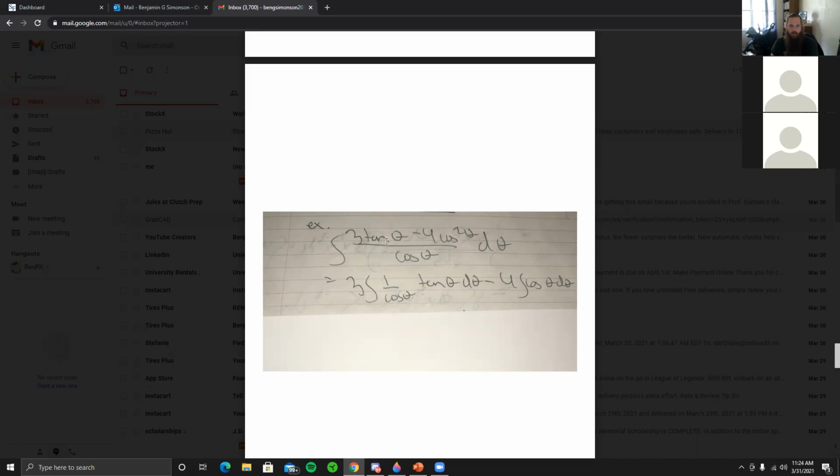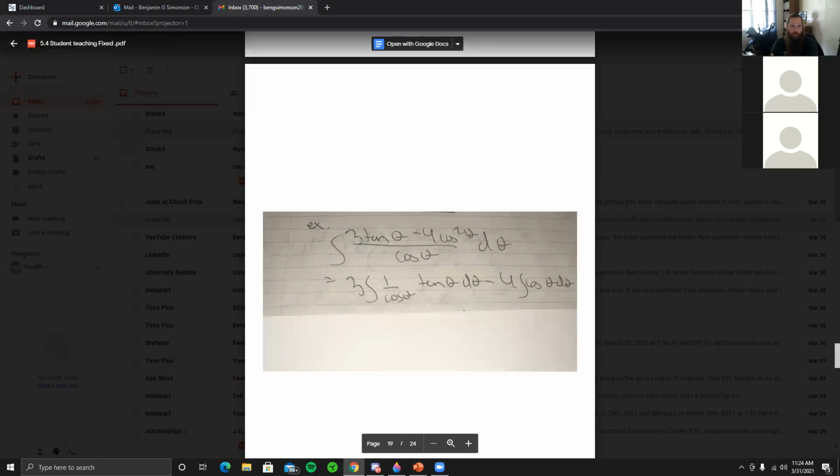The first part of the function could simplify into 1 over cosine theta times tan theta, which 1 over cosine theta would just be secant theta times the tangent theta. Here, for cosine squared theta over cosine theta, it's just 4 cosine theta.